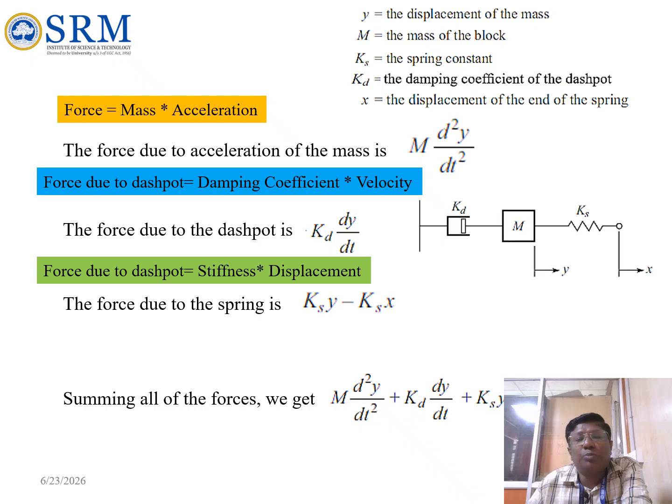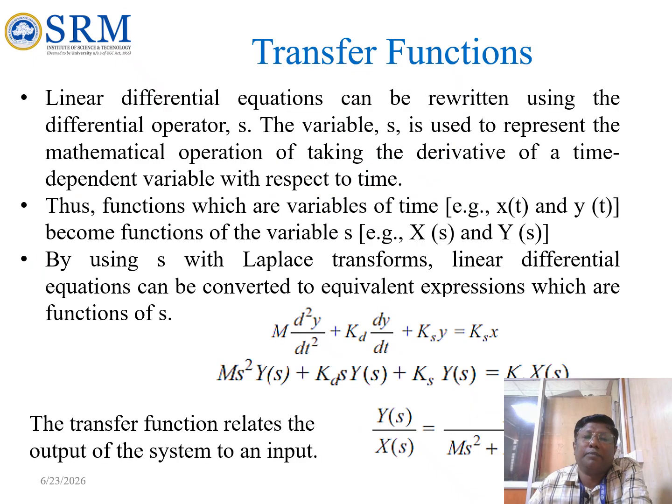So force due to spring constant equal to Ks y. This is the final one, Ks y minus Ks into x, and summing all the forces we get: first, force due to acceleration, m d square y by dt square, then Kd dy by dt, that is the force due to the dashpot, and the force due to the spring constant. So this is the model.